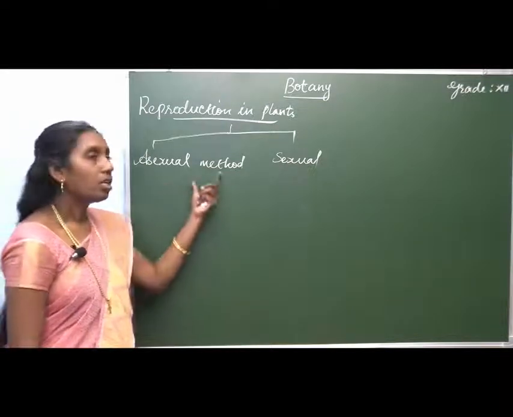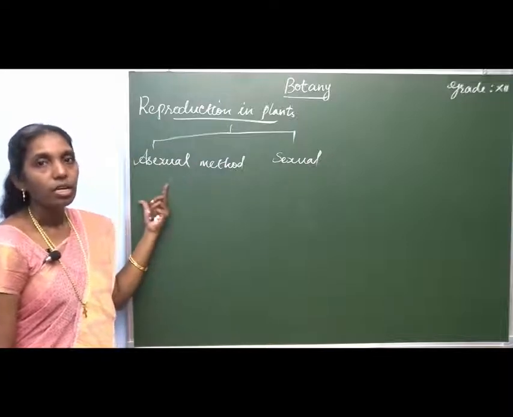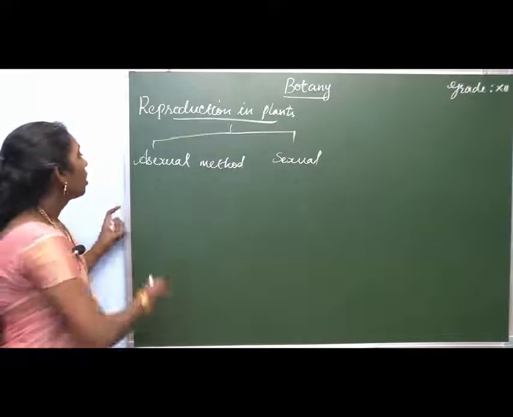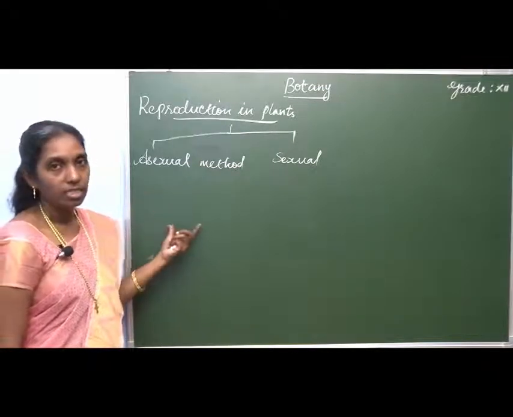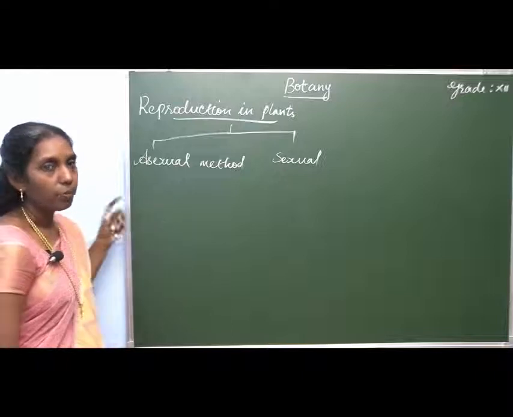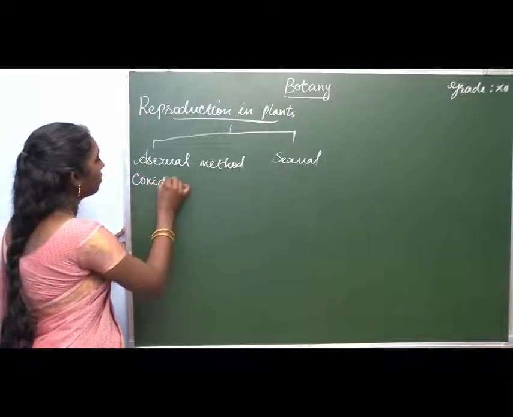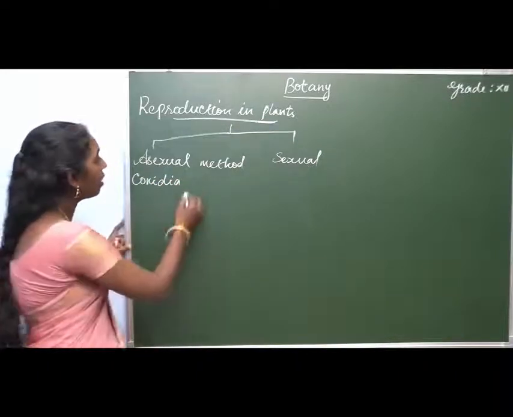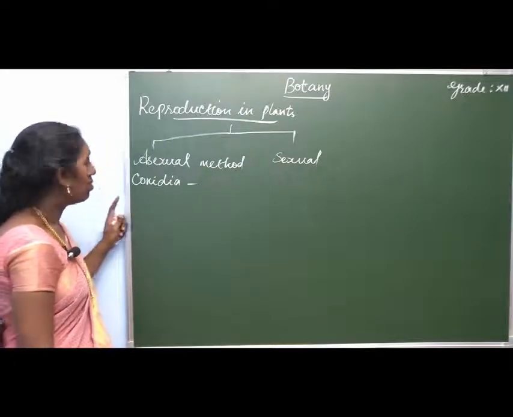Let us see the organisms which show different types of asexual reproduction in lower forms. There are a number of methods under asexual reproduction. For example, conidia formation, the formation of conidia in fungus. Example, Penicillium notatum.